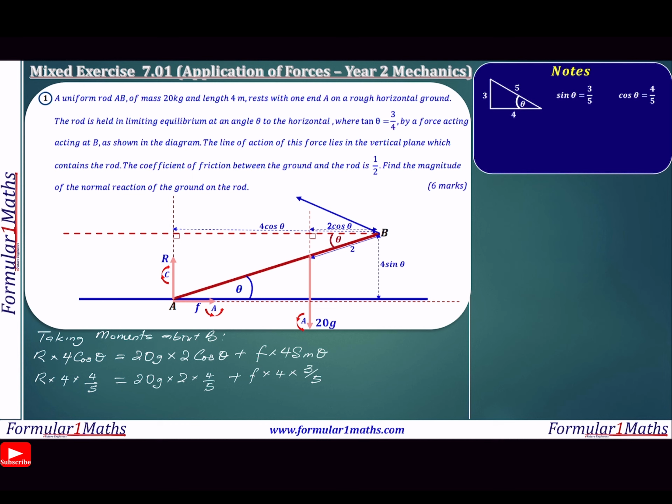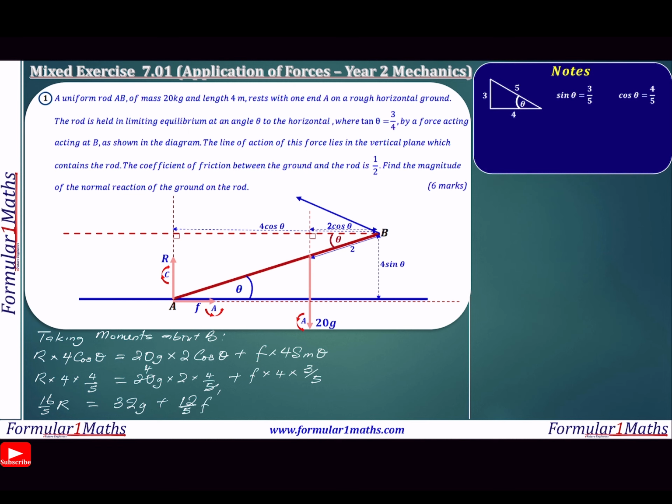So 5 goes here 1, 5 goes over there 4. So the whole equation can now be reduced to 16 over 5 R is equal to 32 G plus 12 over 5 F.